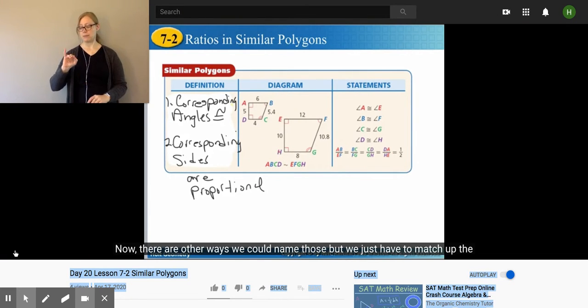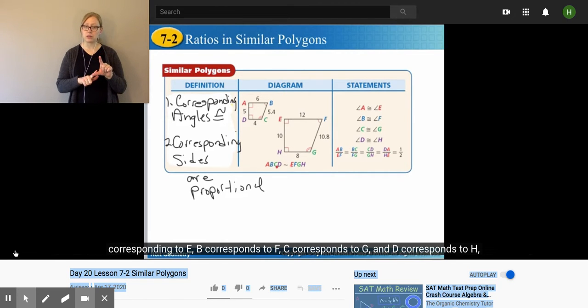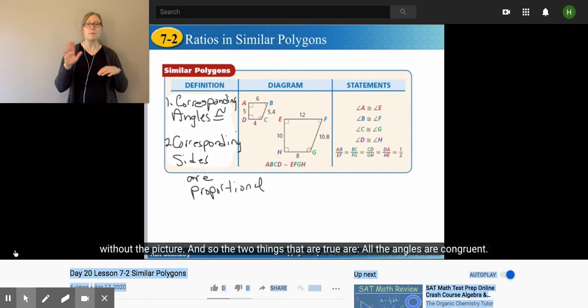Now there are other ways we could name those, but we just have to match up the corresponding angles when we name them. Because when I see this statement, I can make the assumption that A corresponds to E, B corresponds to F, C corresponds to G, and D corresponds to H without the picture. And so the two things that are true are all the angles are congruent.